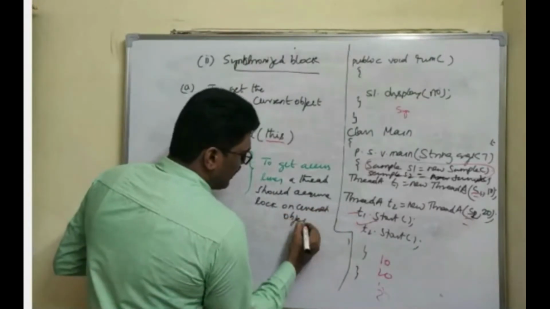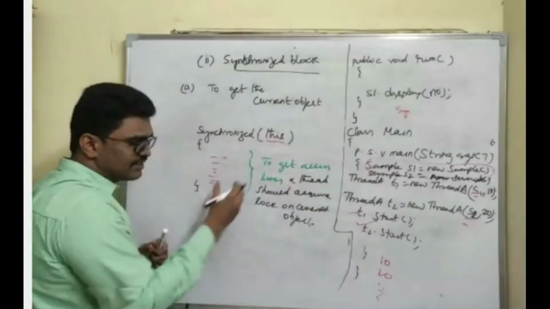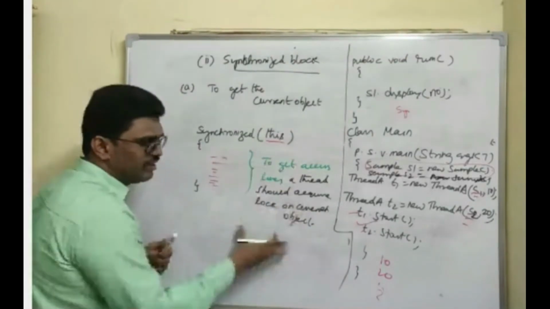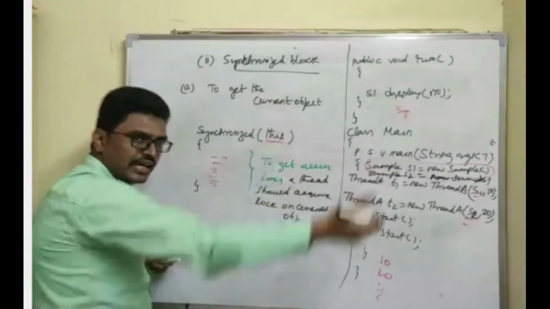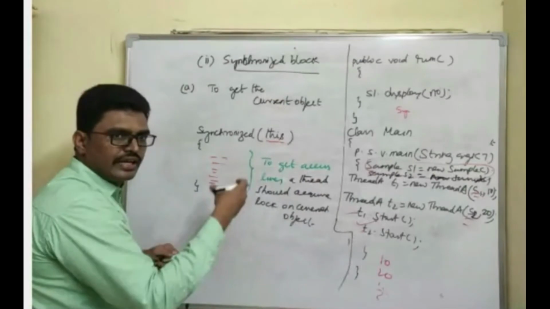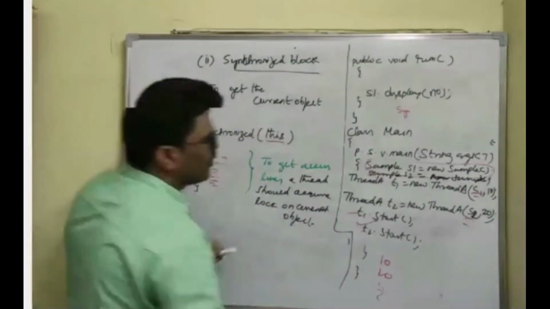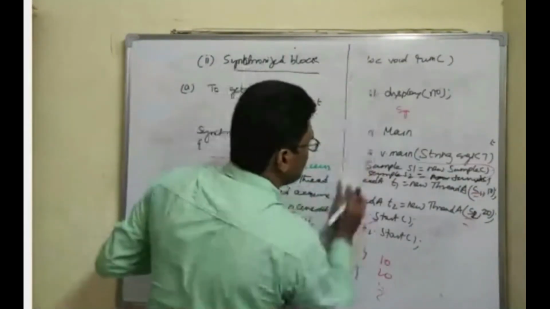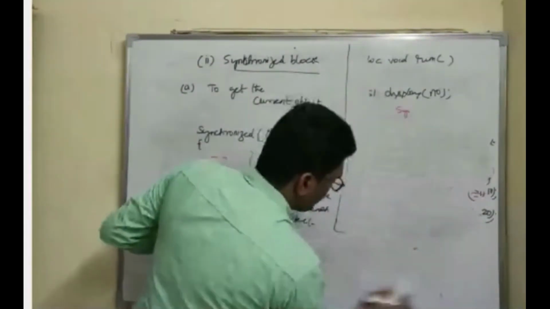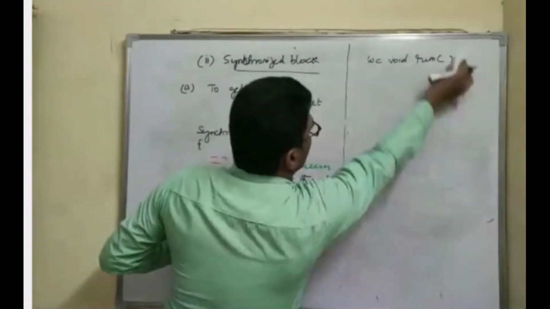If you are getting the current object, you can access this. If you are not able to get the current object, because someone else is using it, you cannot enter into it. So that is the first one, where you are going to synchronize the current object.